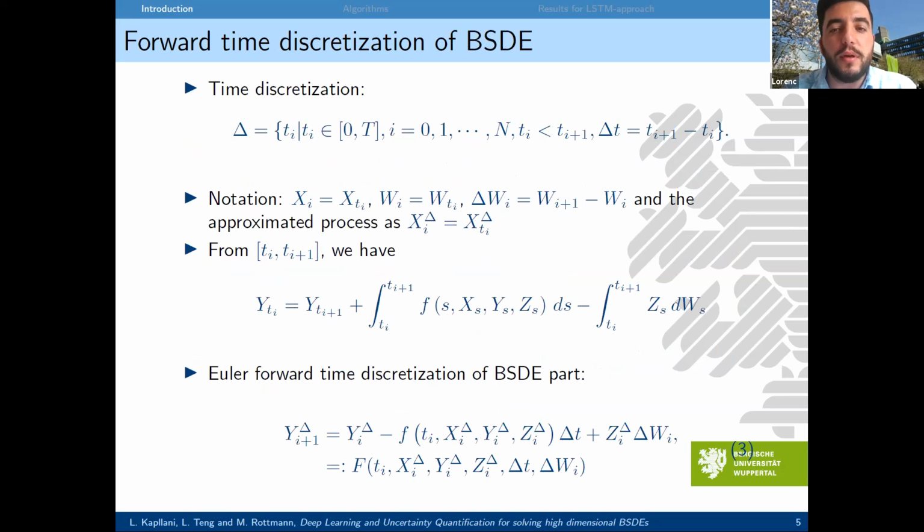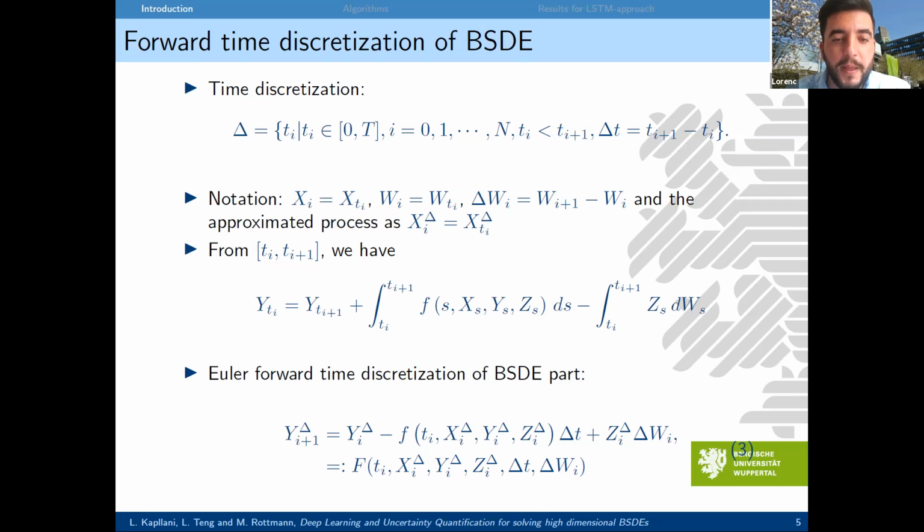Okay, so now, of course, we need to do a time discretization for the equations that we have. If we follow the notation written here, then from an interval t_i to t_{i+1}, we can present the backward SDE as follows. I'm not writing anything about the forward SDE because its discretization is very well known.